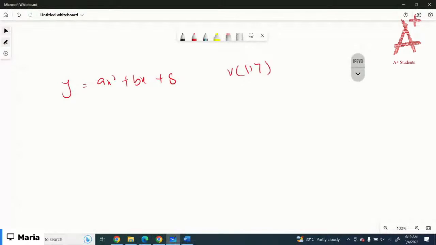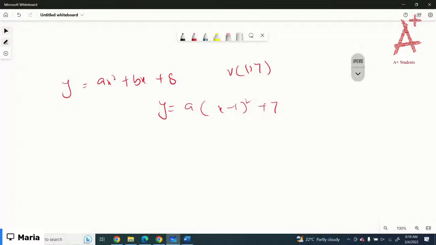So the vertex is 1 and 7. So the equation would be y equals a (x minus 1) whole square plus 7. The y-intercept is 8.